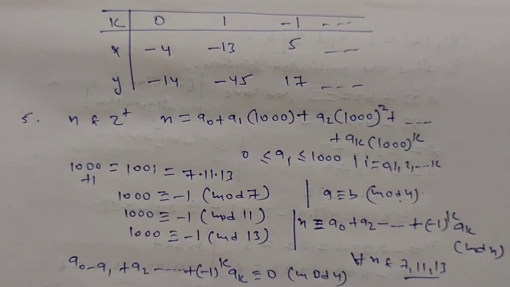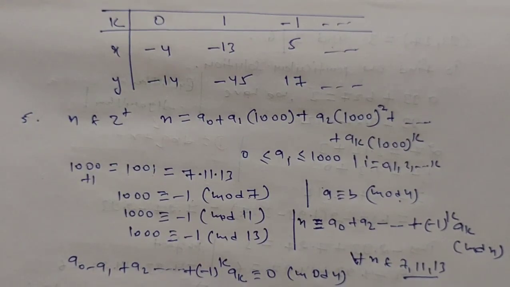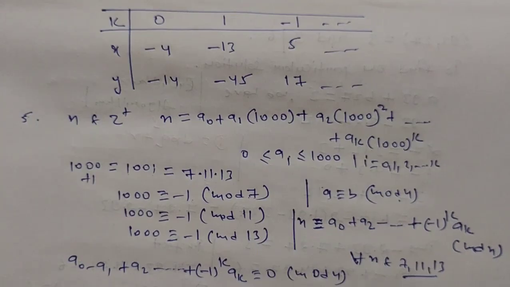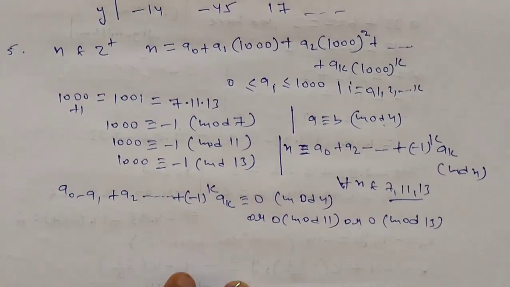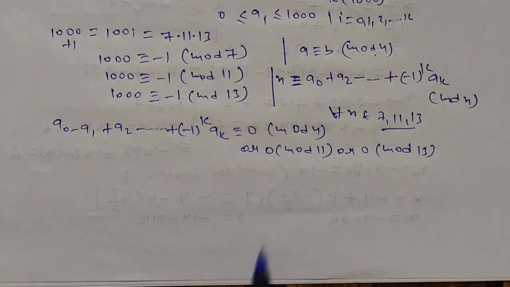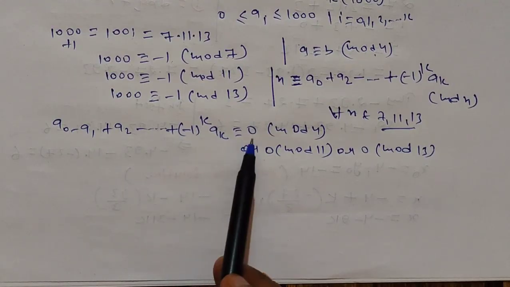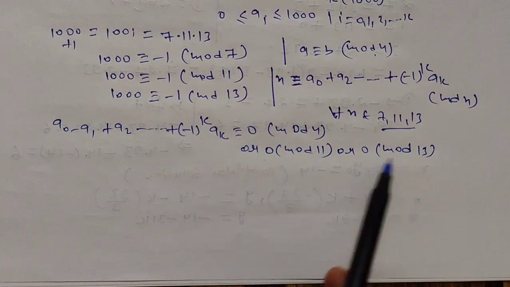So the second case is that this may be 0 for mod 11 and also 0 for mod 13, because we have 3 prime divisors here, 7, 11 and 13. You can see this is congruent to 0 mod 11 and mod 13 also.